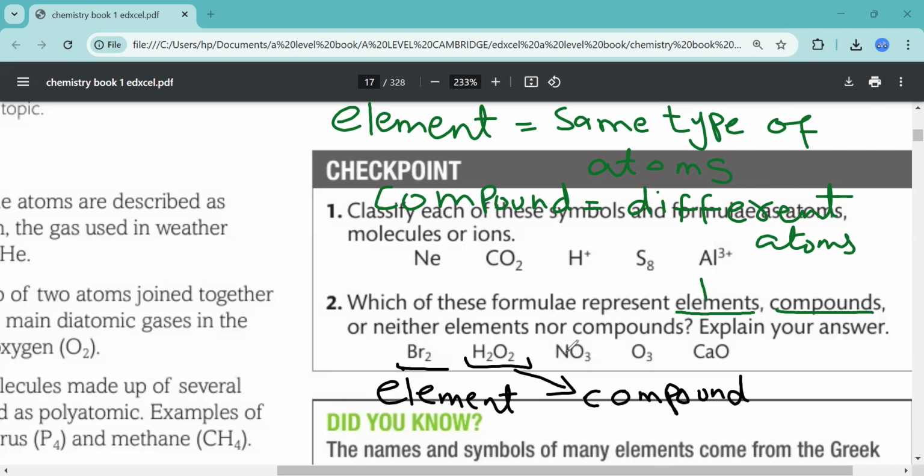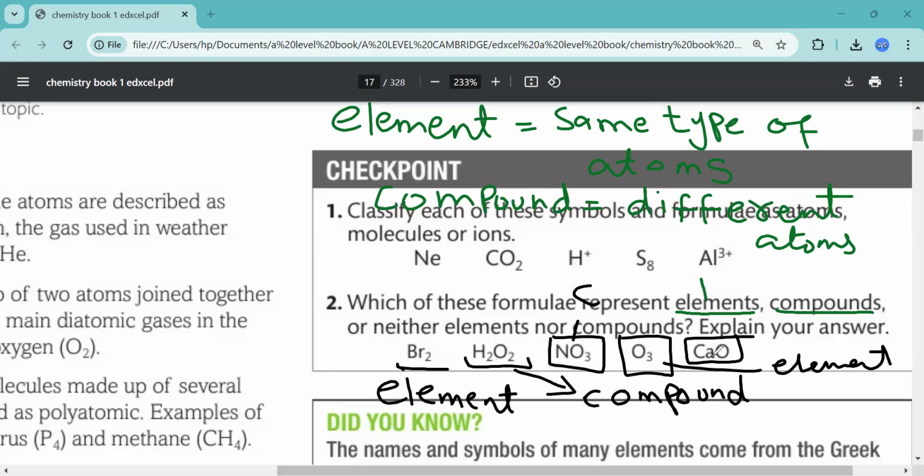Third one, N is capital, oxygen is capital. They are chemically joined together, so it's going to be a compound. The next one, it's O3. Three oxygen atoms that are connected with each other. It's an element.